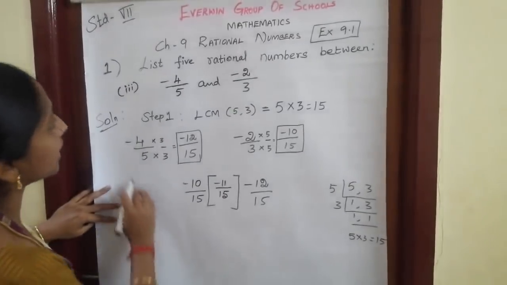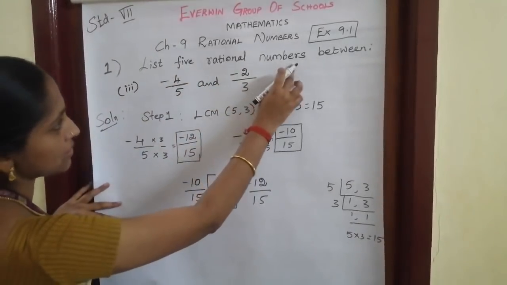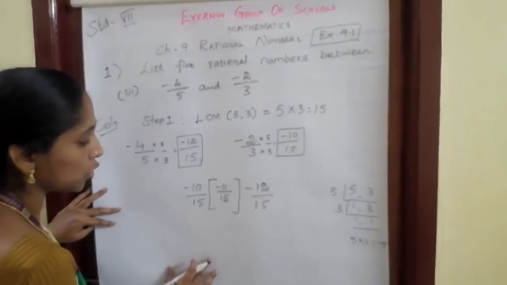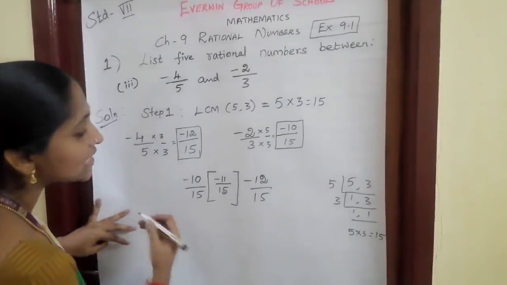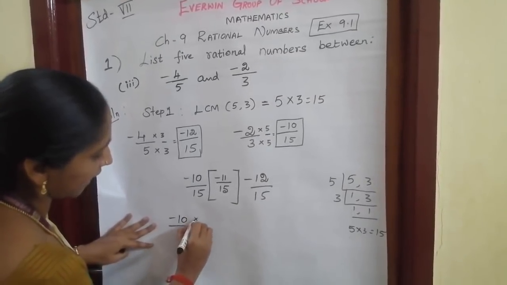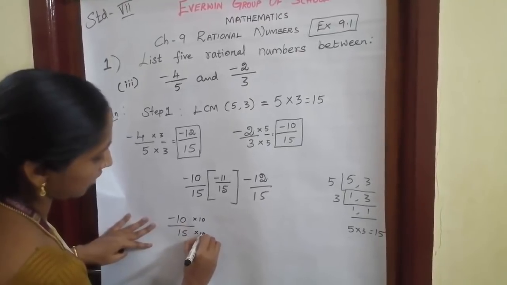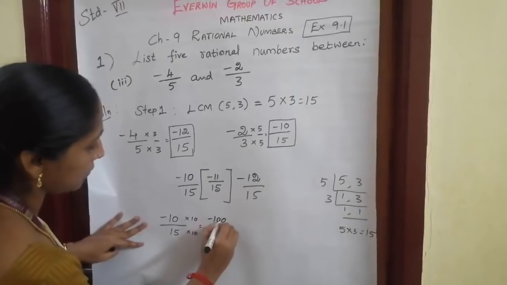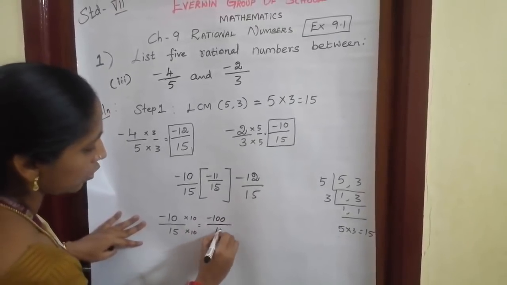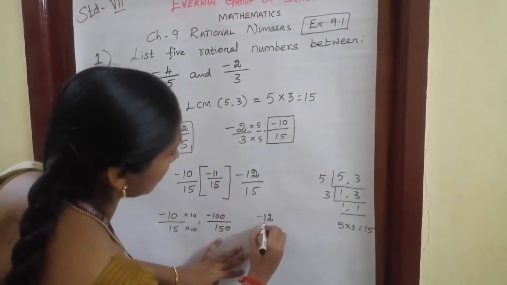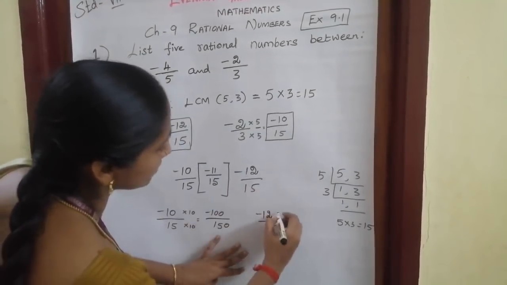But we need 5 rational numbers. But I got here only one rational number. Now what am I going to do? I am going to increase the denominator. Minus 10 by 15, multiply by 10: 10 tens are 100, minus 100 by 150. Next, minus 12 by 15. Take this number.